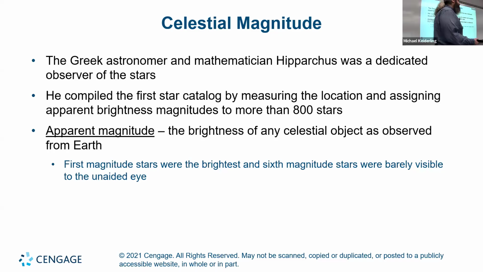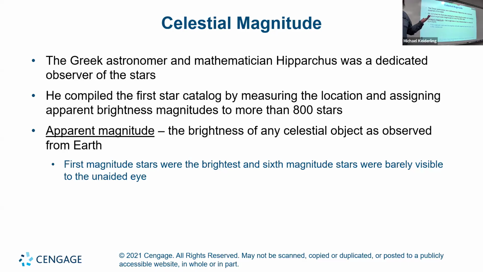So, the first large-scale catalog of stars that we know of was made by the Greek astronomer and mathematician Hipparchus. And what he did is he measured the location and assigned an apparent brightness magnitude to more than 800 stars.